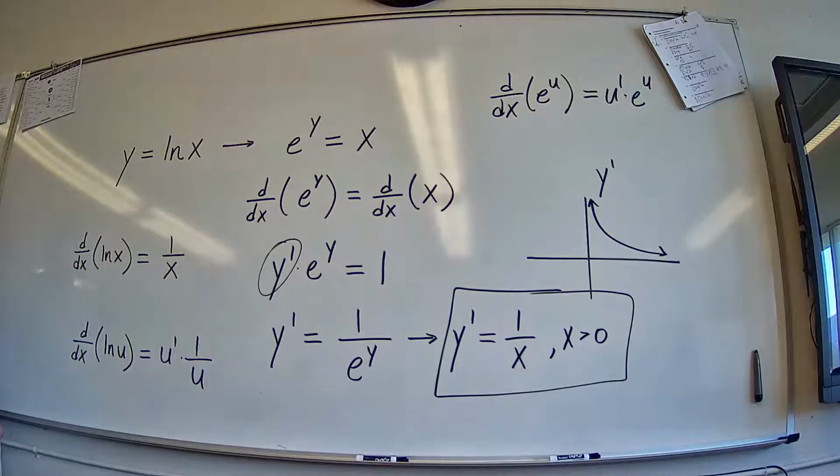U prime. Do you need the caveat that it has to be greater than 0? Sort of, kind of. We usually don't nitpick too much. It kind of depends on the context, I guess. Will the test make it? No, they're not going to be like this.